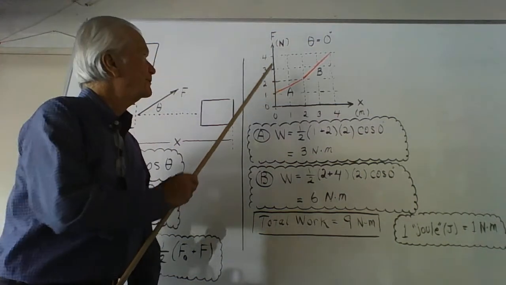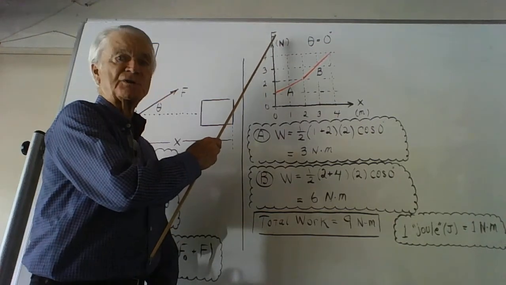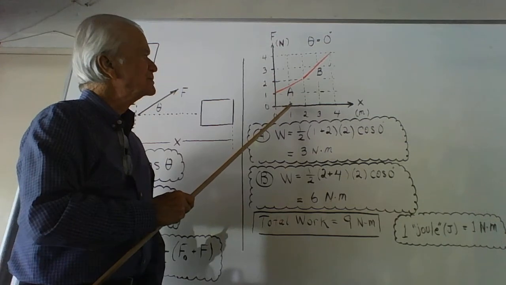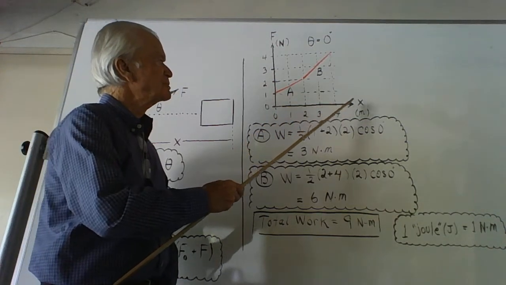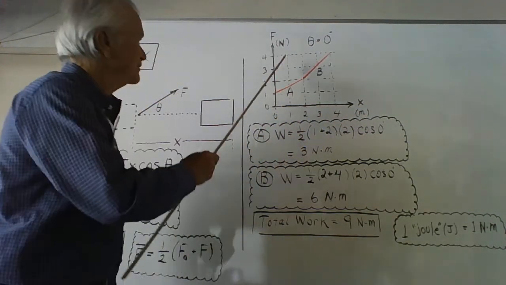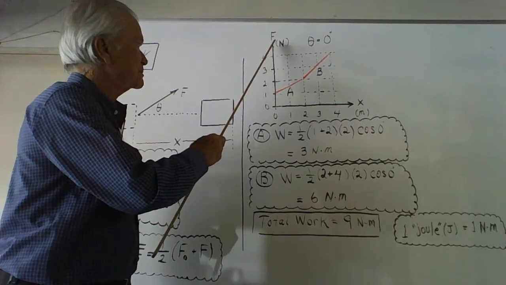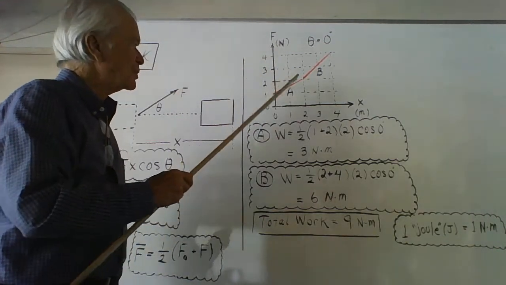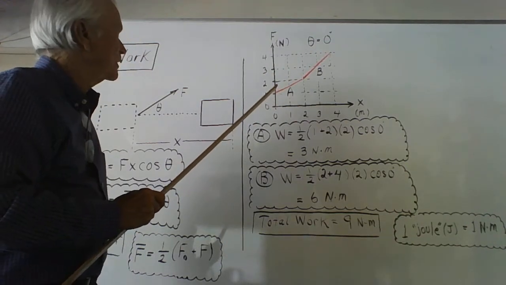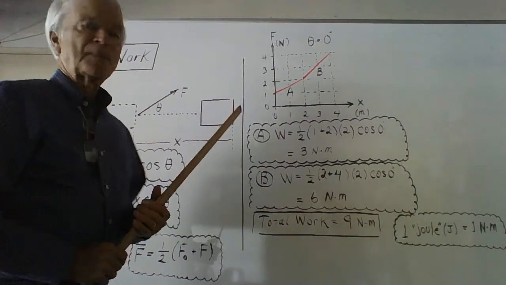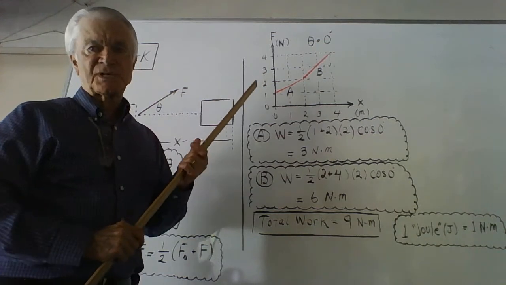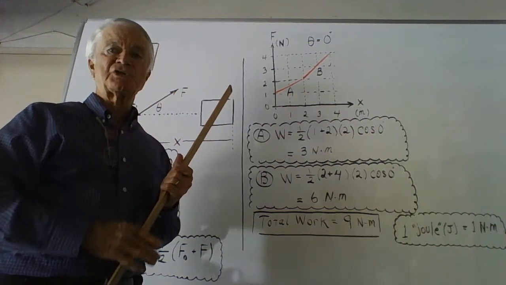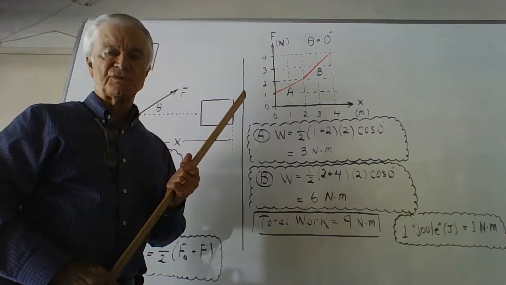We have force measured in newtons on the vertical axis, distance moved along the horizontal axis measured in meters. We'll assume that the force acting on our object in this graphical example points in the same direction as the motion of the object.